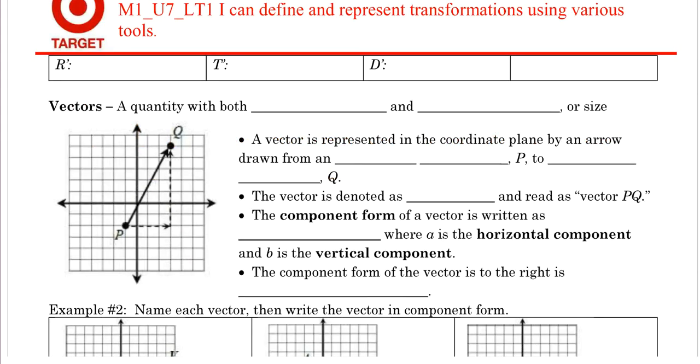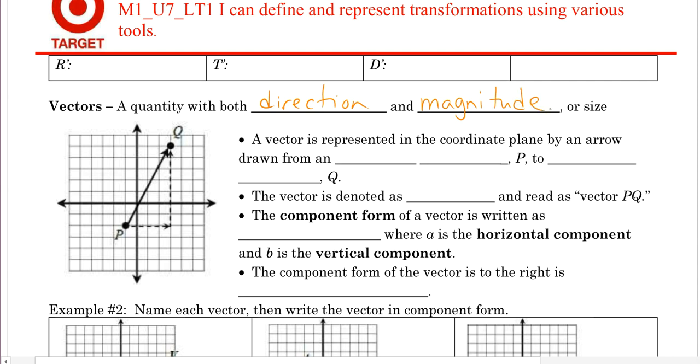So in the previous examples, we were translating using coordinate notation. Now we're going to be using what is called a vector. So a vector is a quantity with both direction and magnitude. And magnitude is just another word for size.